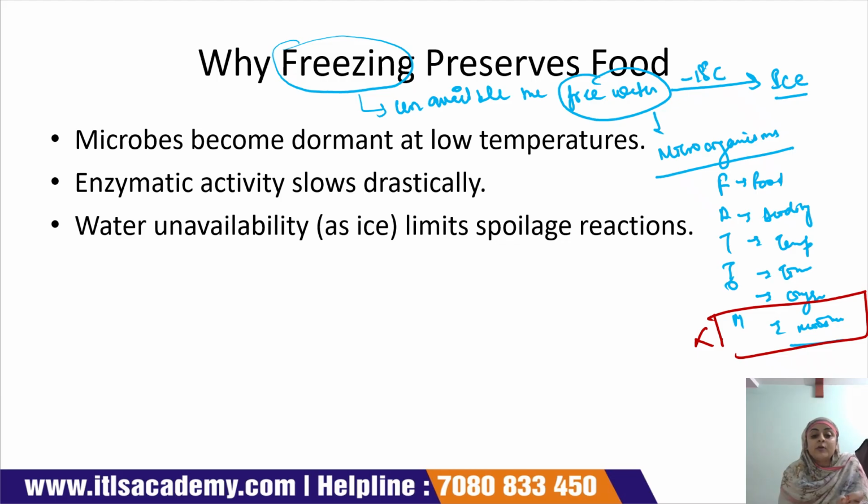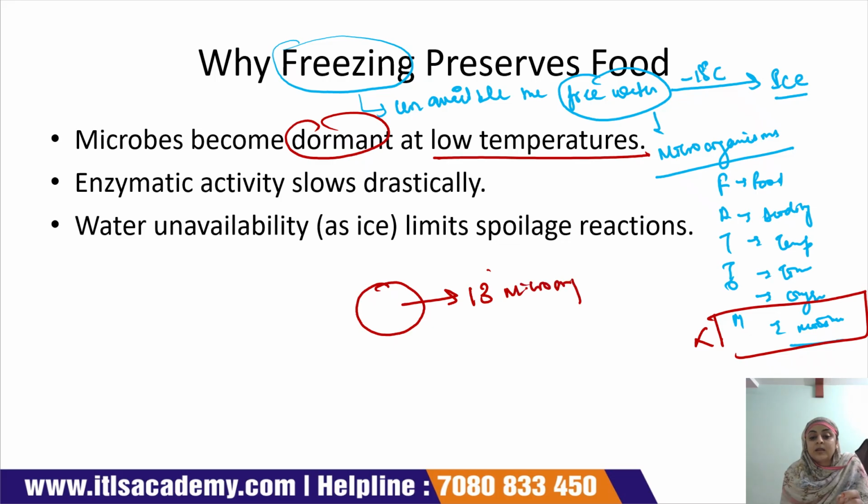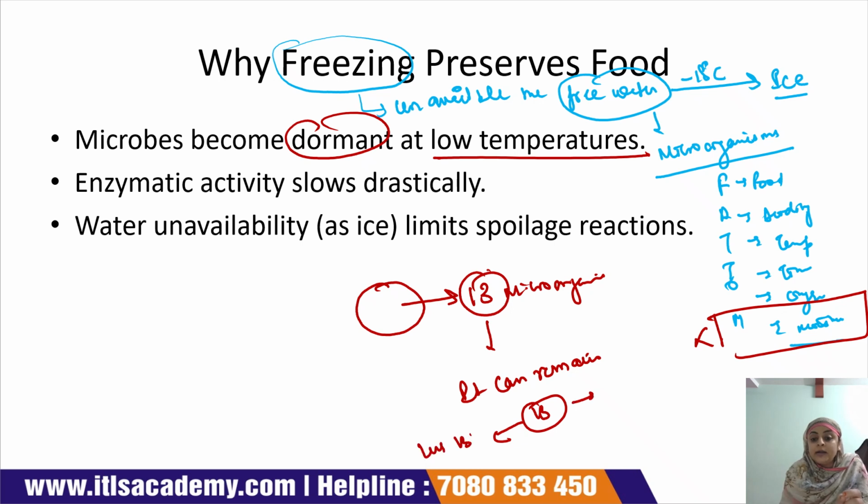Now these microbes become dormant at very low temperature. Okay, suppose this is your food product, and it has 13 microorganisms present. It will remain 13, not less than 13, not more than 13, when we keep that food product at a particularly low temperature.